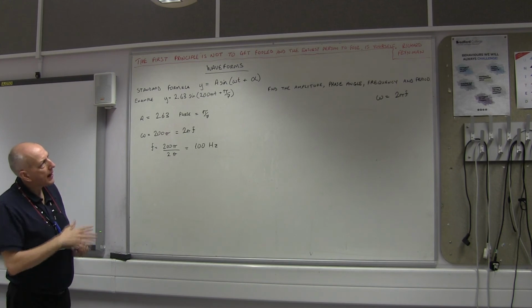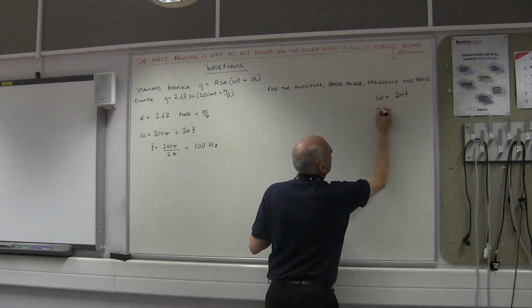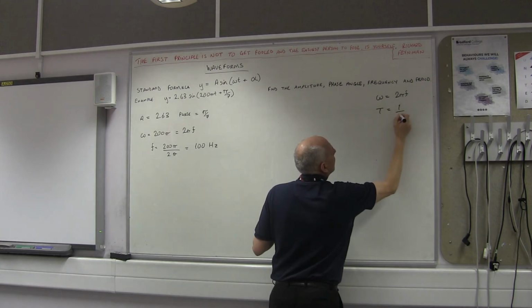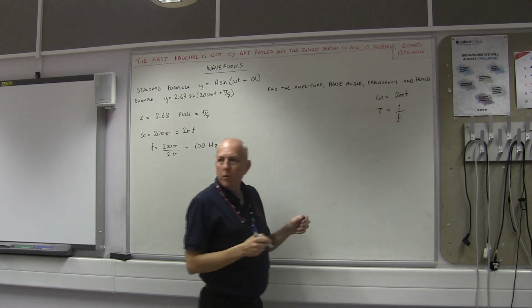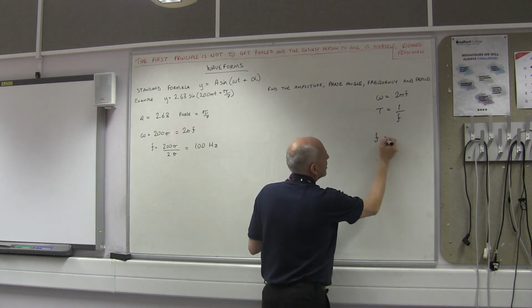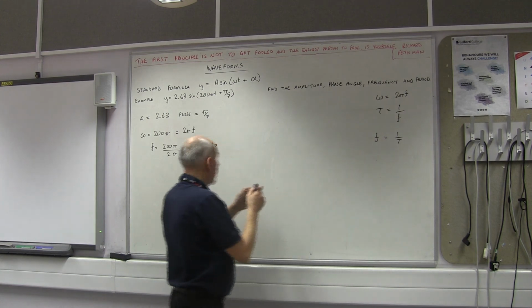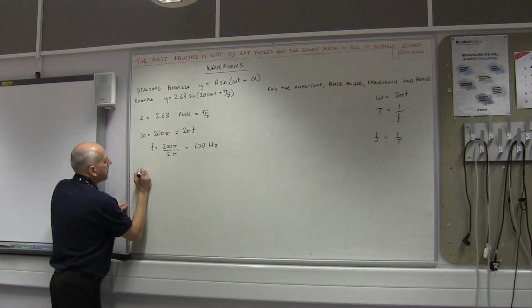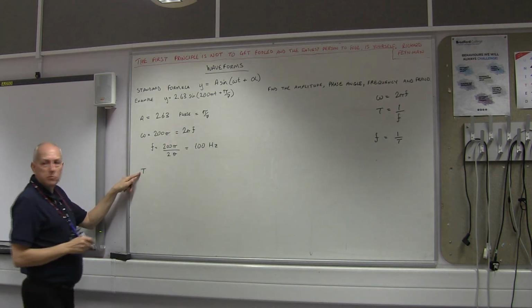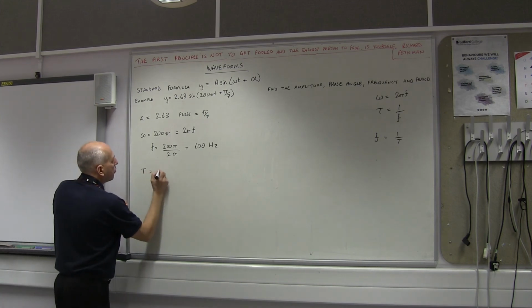So the last part is find the period, and that's simply this formula, 1 over frequency. You remember that formula, I trust? So I've got that cemented in. Obviously it works in reverse as well, but we're going to use this one. So our period, capital T for period, is going to equal 1 over the frequency.